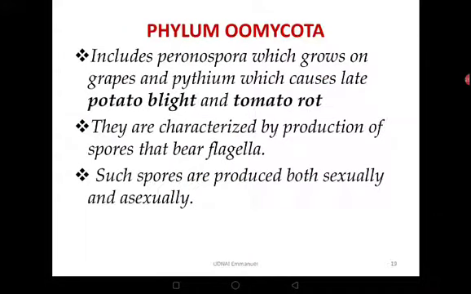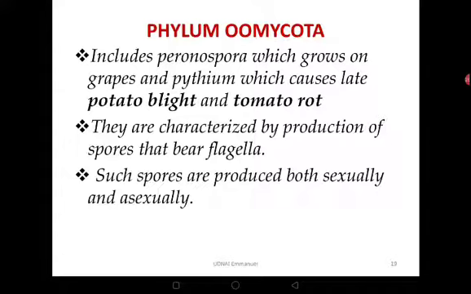Well, let's move to another phylum of kingdom Protoctista, and the phylum is Oomycota. These ones are fungi-like members of Protoctista. They include the Peronospora and the Pythium, which causes potato blight and tomato rot.